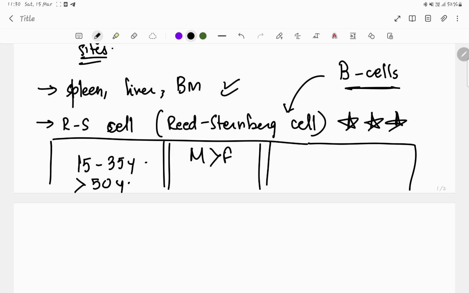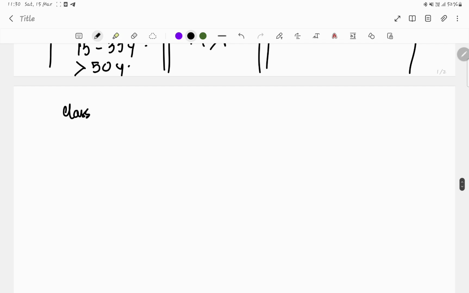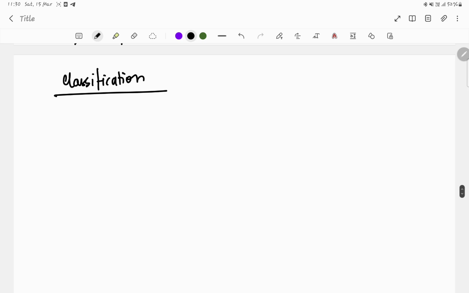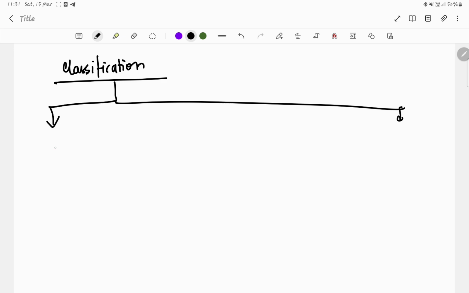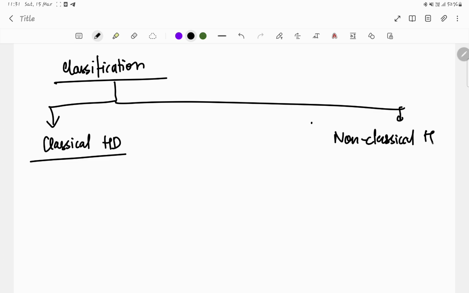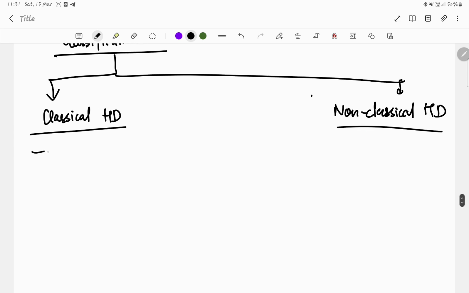Now let us talk about the classification of Hodgkin's lymphoma. Classification is based on the immunophenotyping of RS cells. It is of two types. First is classical Hodgkin's disease and second one is non-classical Hodgkin's disease. Classical Hodgkin's disease will have RS cells which are positive for CD15 and CD30.